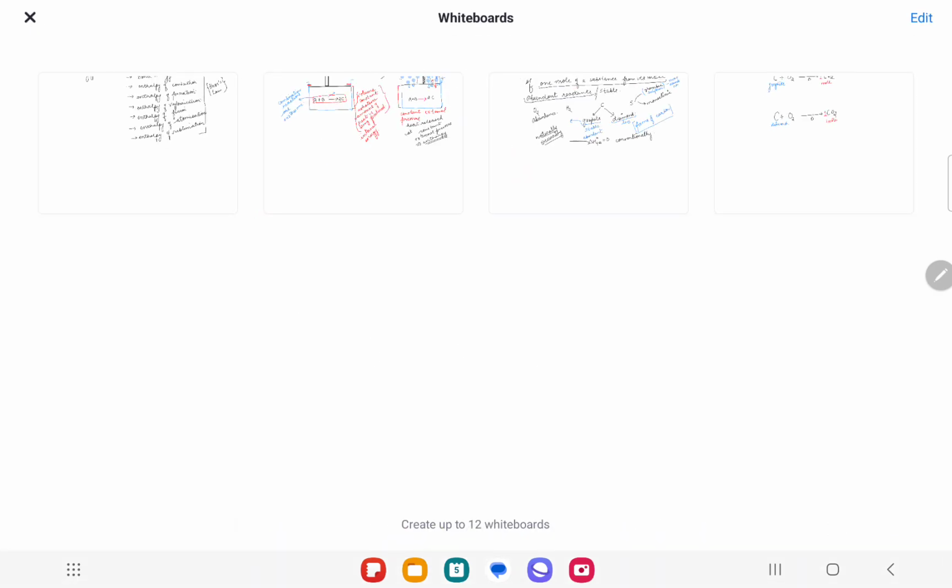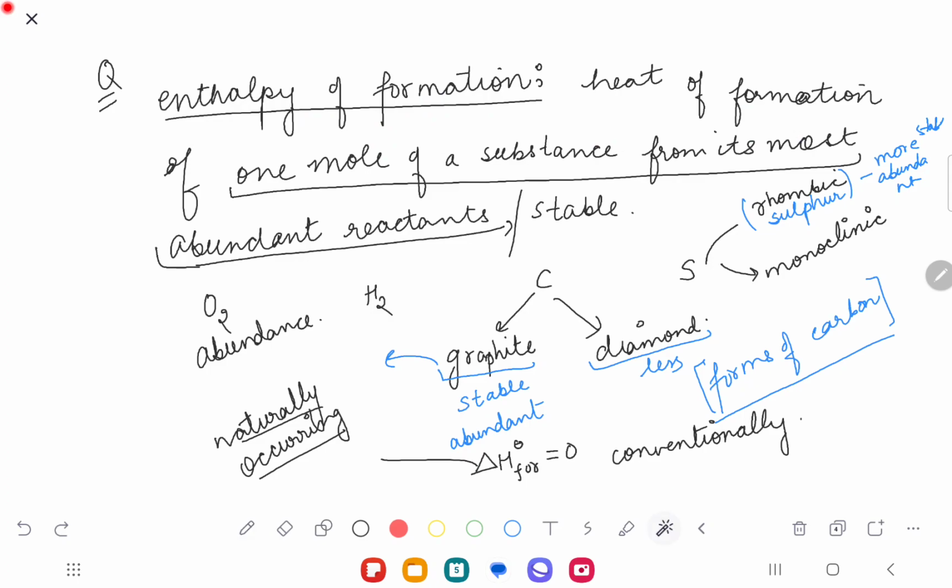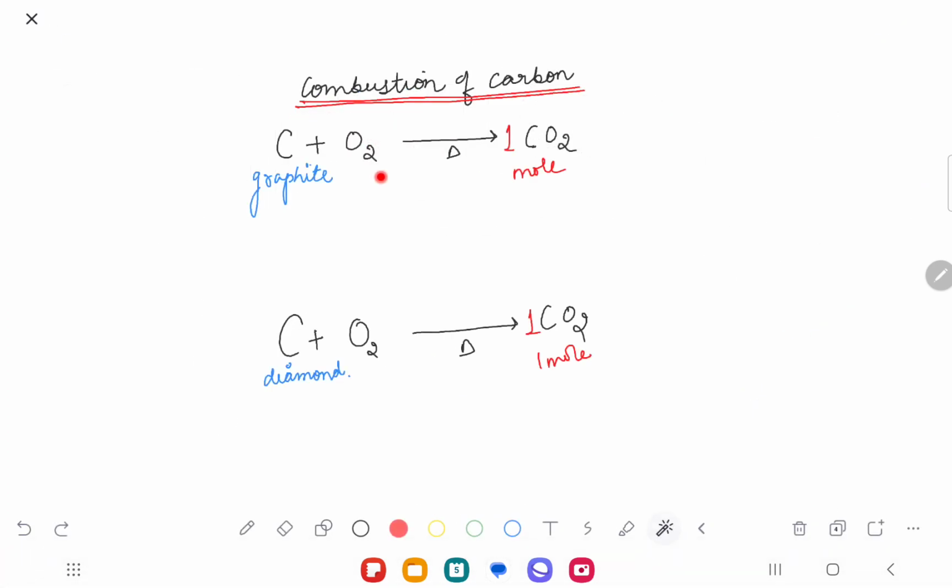Read it out. It says the amount of heat released for the formation of 1 mole of a substance. In the reaction, you have to say that in both of them, this is delta H reaction and this is also delta H reaction.